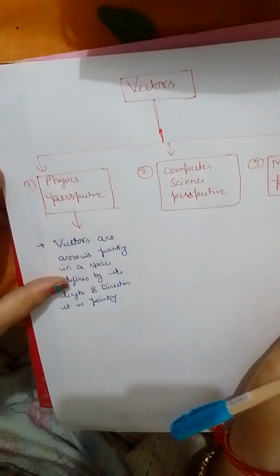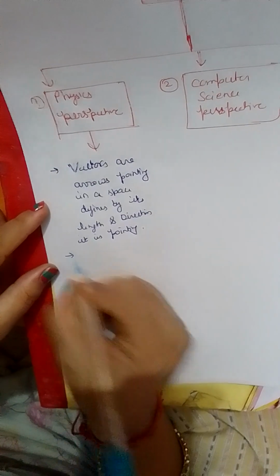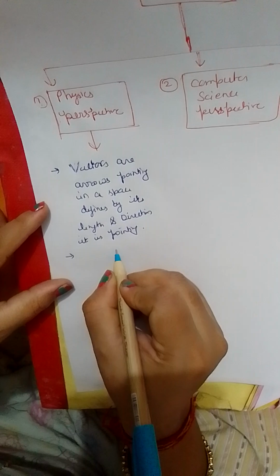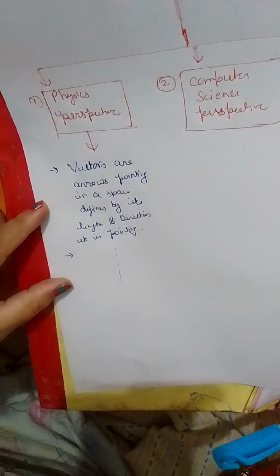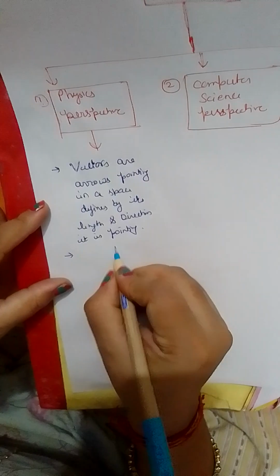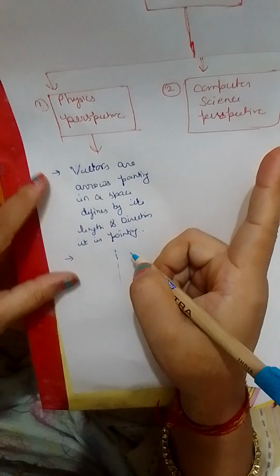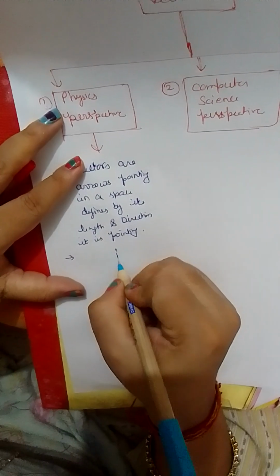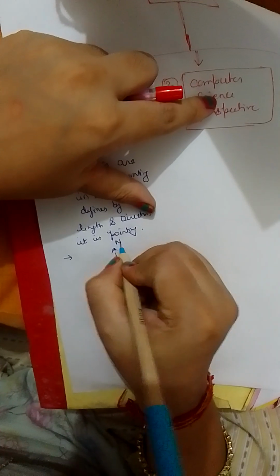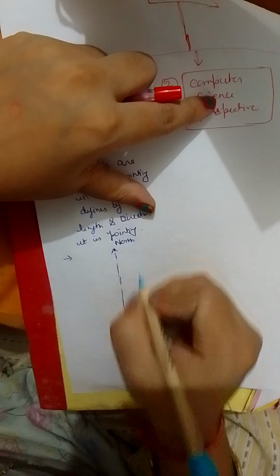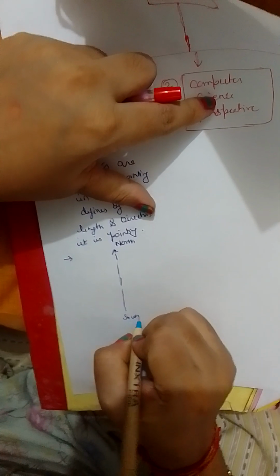So let's understand it in a bit diagrammatic way. Let's suppose this is the flat surface of this paper. Here it is north. Here it is south.